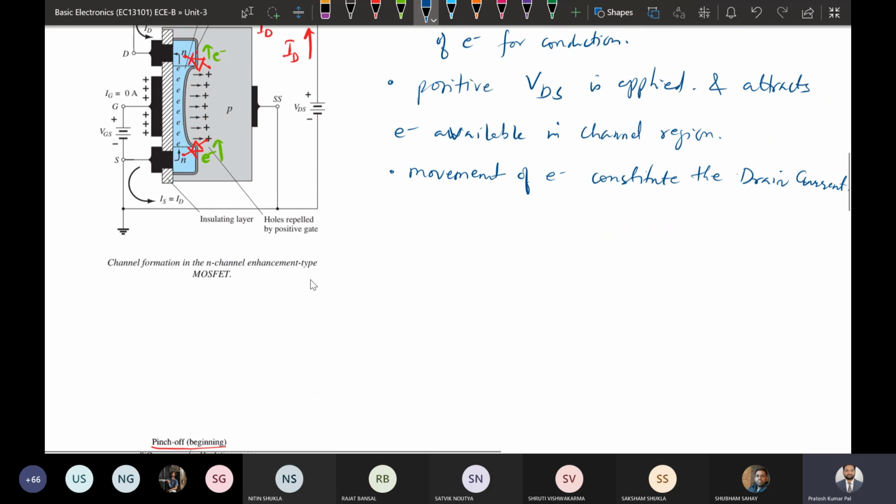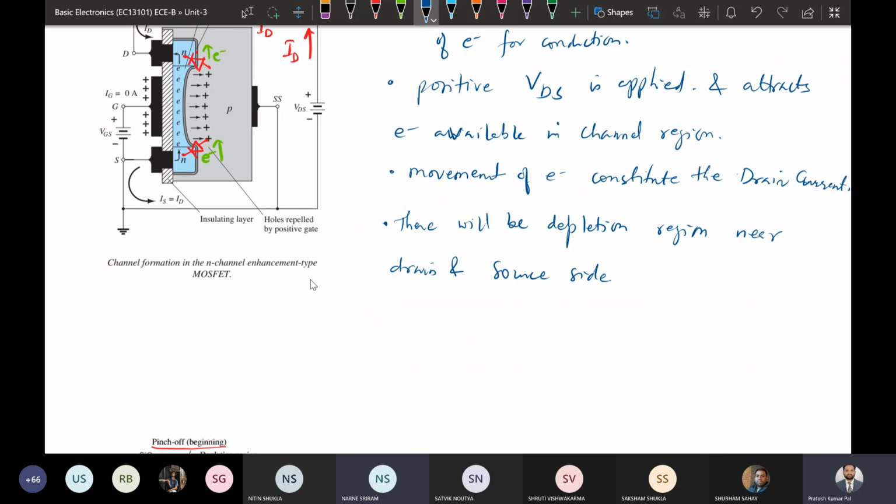So in this point we can write, there will be depletion region near drain and source side, or we can say the depletion region will be similar.